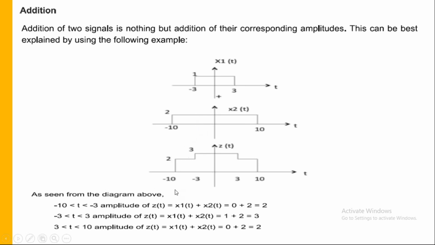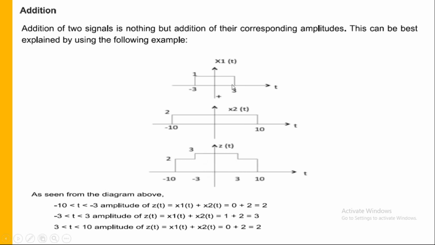If you add it, it becomes 3. We are already at 2, now you take one step up again, then it becomes 3. So from -3 to 3, the amplitude is 3.